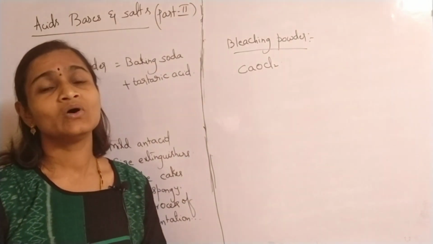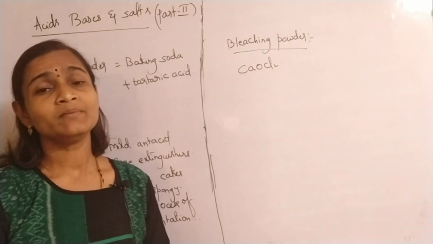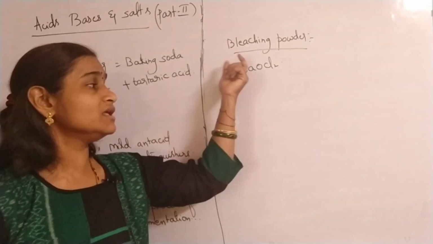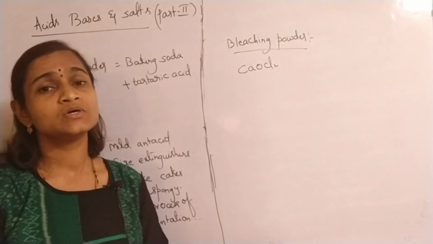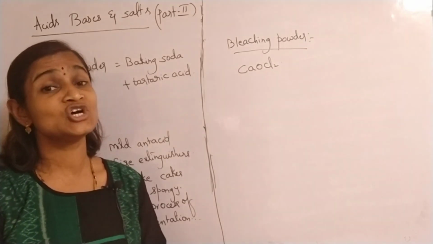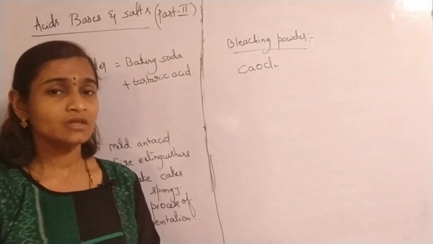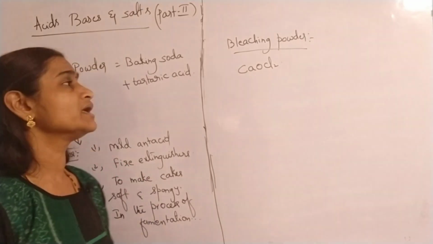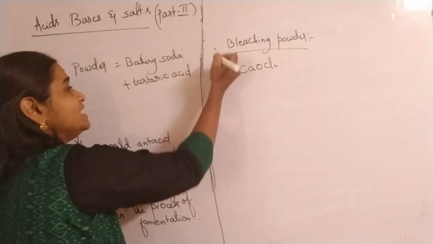Bleaching powder. Tap water, municipality water, in that water we add bleaching powder so that it kills the germs that are there in the water. So that you call it as what? Chlorination of water.